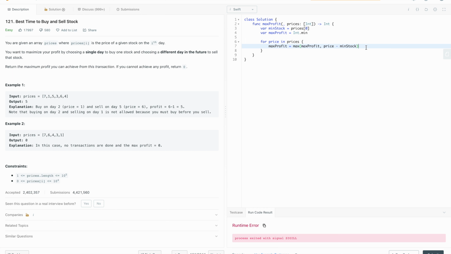That's 7 for now. And min stock would be minimum of min stock comma price. And once we have that, we can just return max profit here.